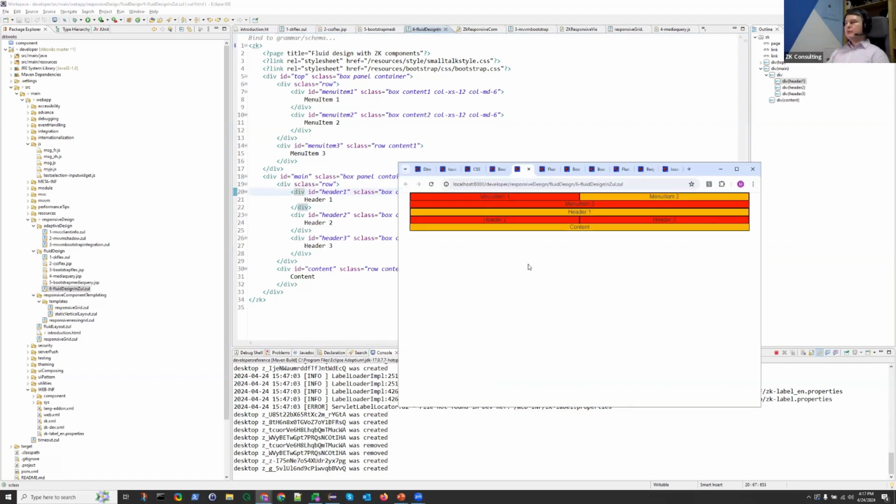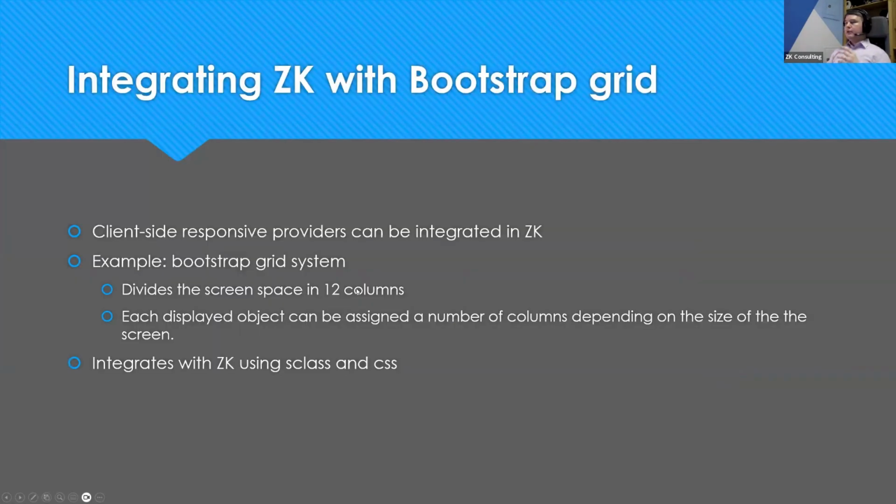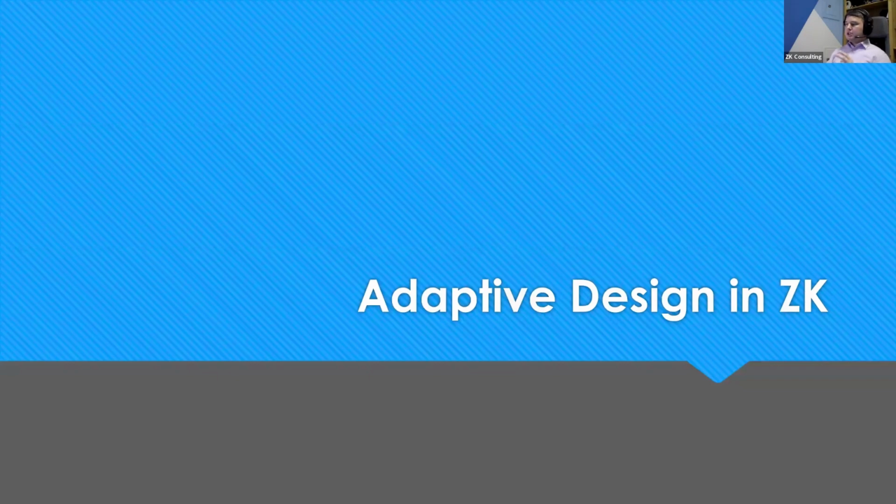Okay, so we've been talking about flexing. Flexing is interesting. It's the simpler way to achieve a design which does not break regardless of the size of the screen that you apply it on. So now let's go ahead and talk about adaptive design, which is a little bit more complicated.